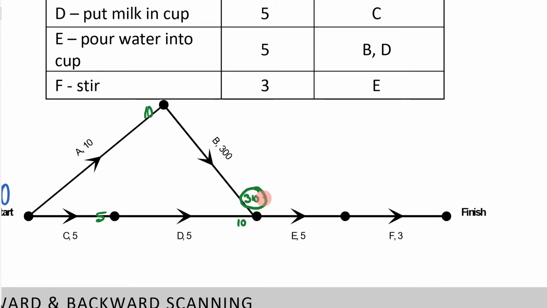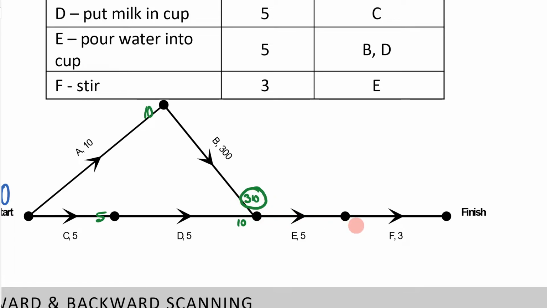The reason why it's going to be 310 is because it takes 310 seconds in total for A and B to be done. So even though we can finish this in 10 seconds, we need to wait until the longer one is finished before we can proceed.